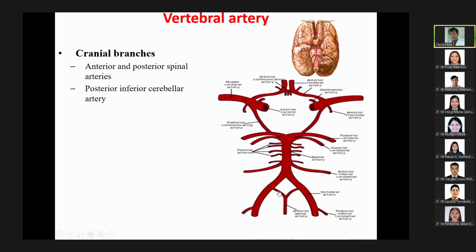Also coming from the vertebral artery will be your posterior inferior cerebellar artery, or your PICA.